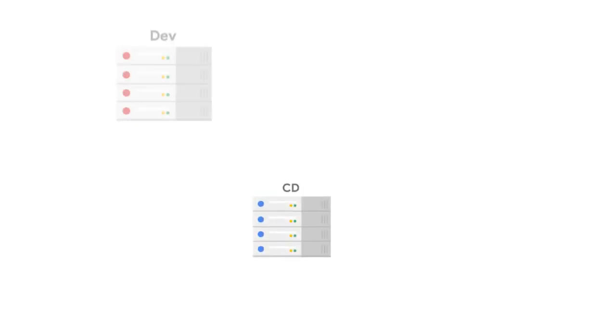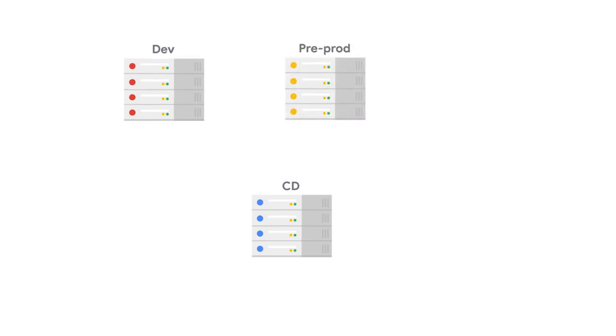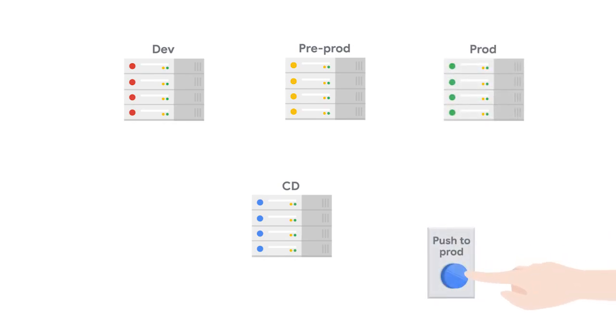If the service is complex and there are a bunch of different developers making changes to it, you might set up additional environments where the developers can test their changes in different stages before releasing them. For example, you might have your CD system push all new changes to a development or dev environment. Then, have a separate environment called pre-prod, which only gets specific changes after approval. And only after thorough testing, these changes get pushed to prod.